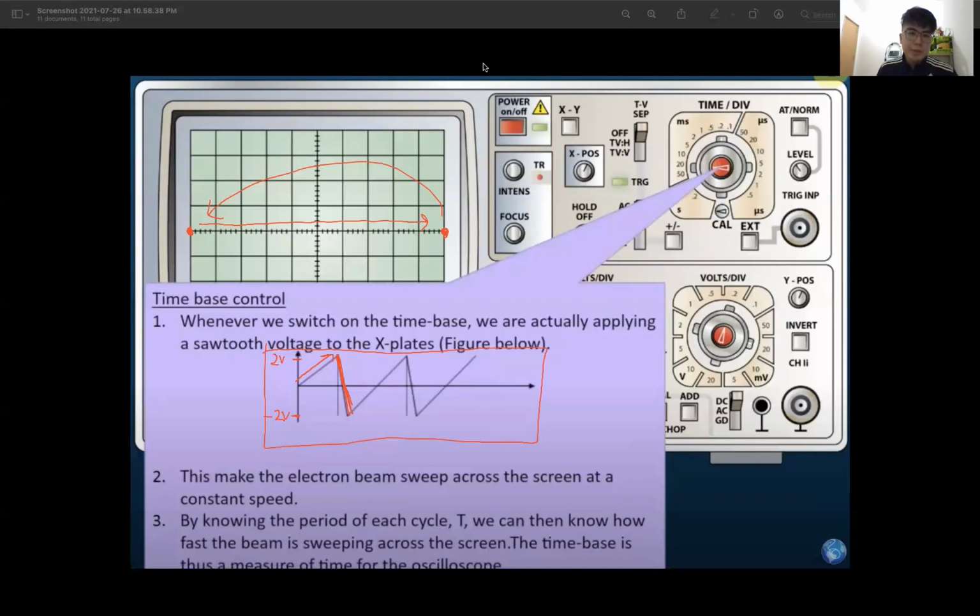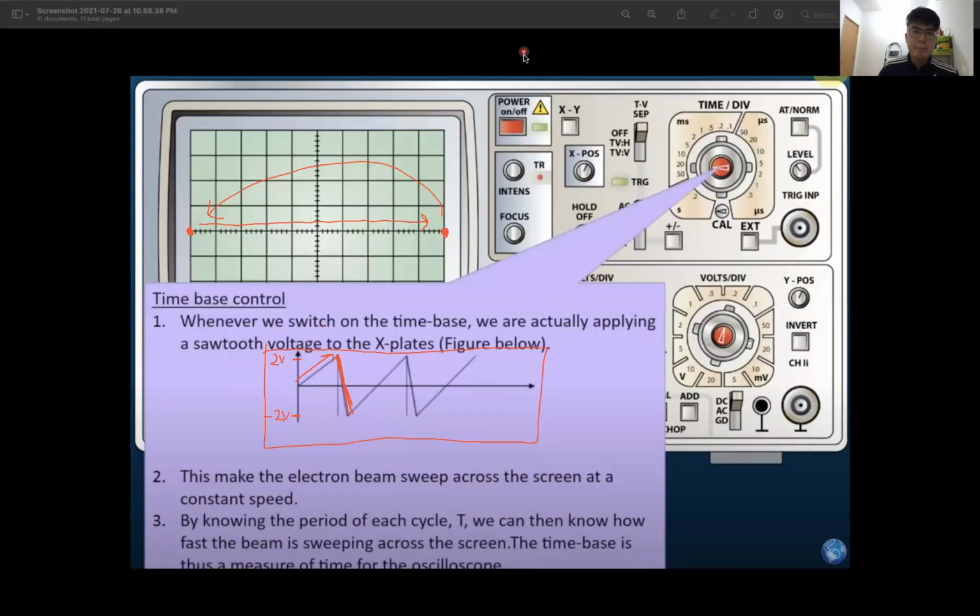Okay, so point number 2, this makes the electron beam sweep across the screen at a constant speed. By knowing the period of each cycle, we can then know how fast the beam is sweeping. Okay, this one is not important. What's important here is the graph. They will ask you, what is this graph? What does it mean? It is the sawtooth voltage.